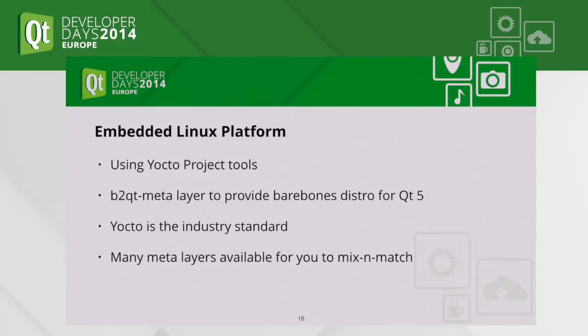In addition to this, there are many different meta layers available. Yocto distributions are built by combining various meta layers together and then generating a final product. For example, if you were going to run on some Freescale hardware, Freescale provides a couple of meta layers that have their BSPs. So you can pull down a Linux kernel that has the patches needed for running on different types of Freescale hardware.